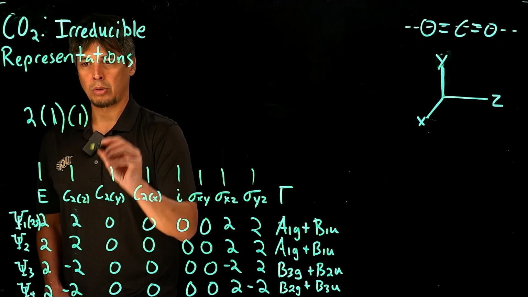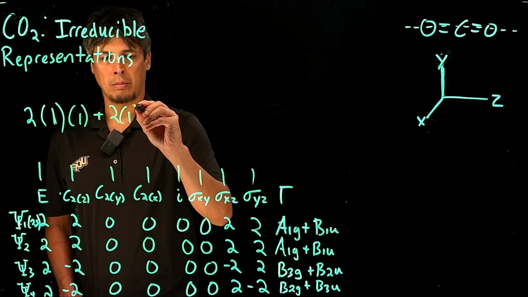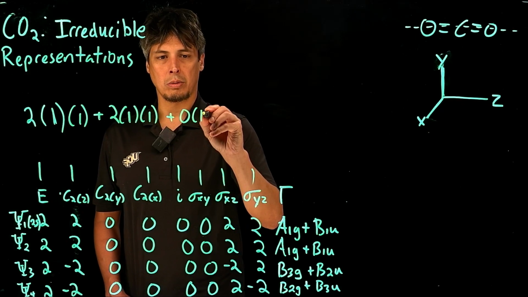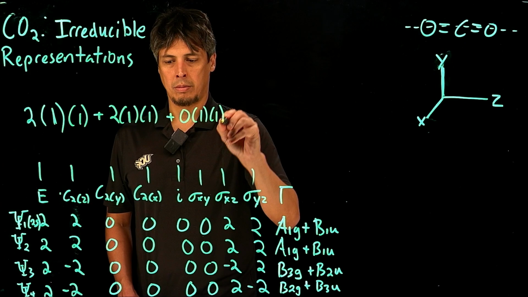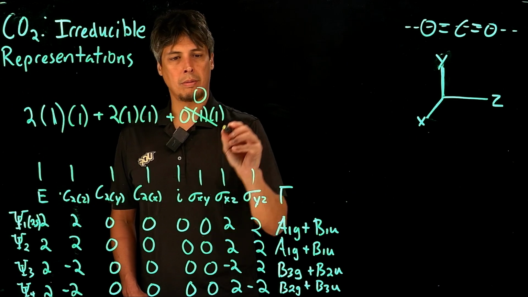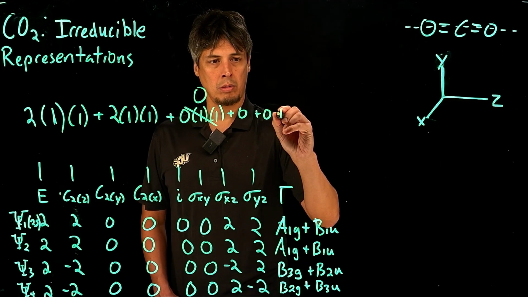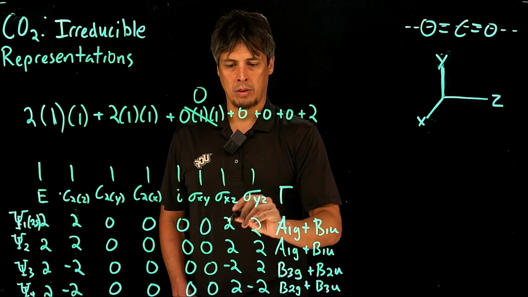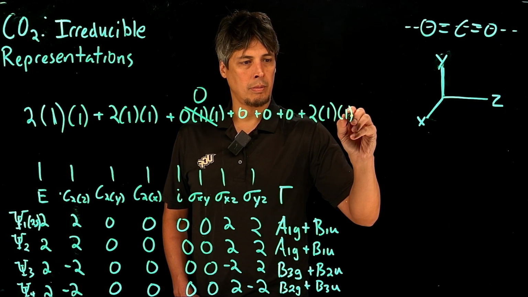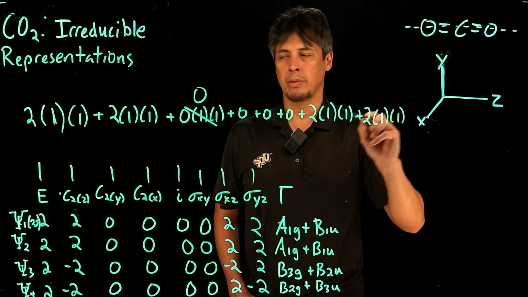So this would be equal to 2 times 1 times 1. This is going to be equal to 0 times 1 times 1. Same here, which of course is 0, again plus 0, plus 0, plus 0, plus 2 times 1 times 1, plus 2 times 1 times 1.